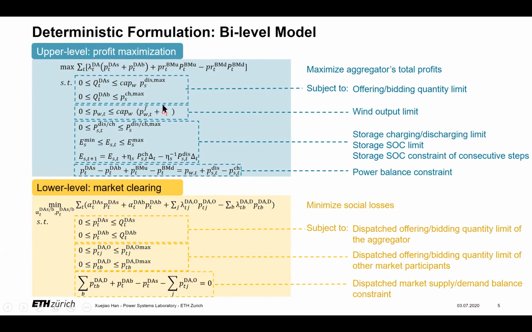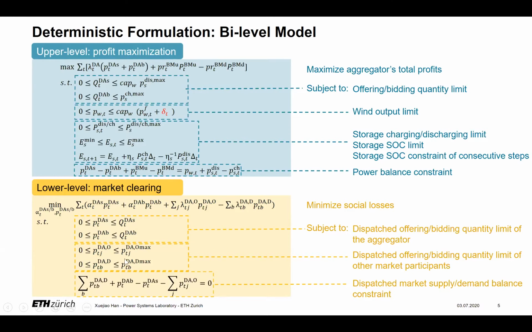Notice that delta T here represents the forecast error of the wind outputs, and in the deterministic formulation, this is set to be 0. In the lower level, the objective is to minimize the total social losses. The constraints we consider are first the dispatched offering and bidding quantity limits of both the aggregator and the other market participants.